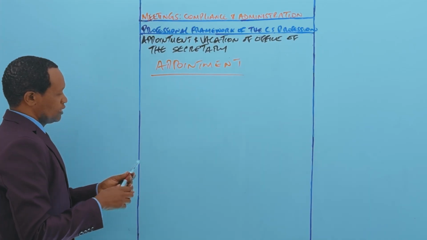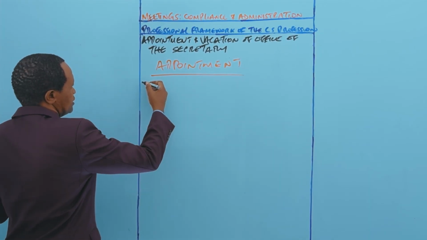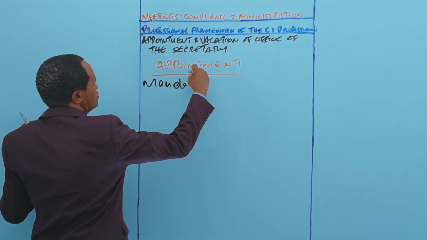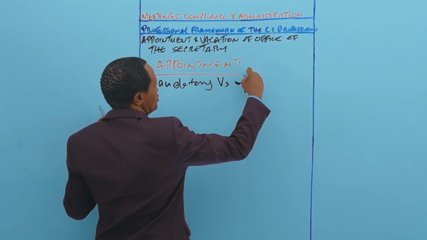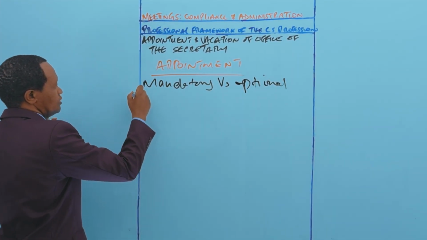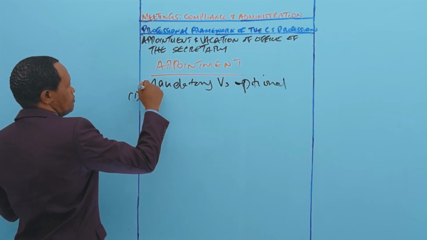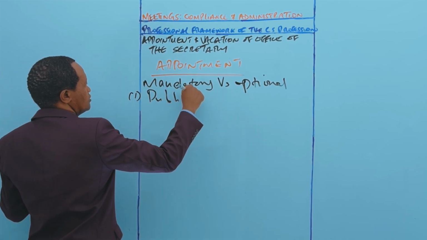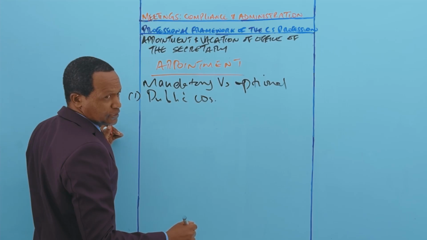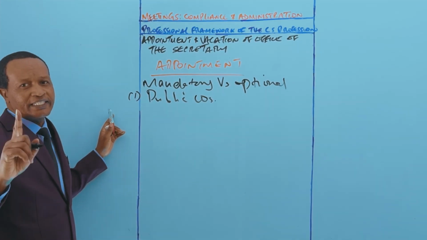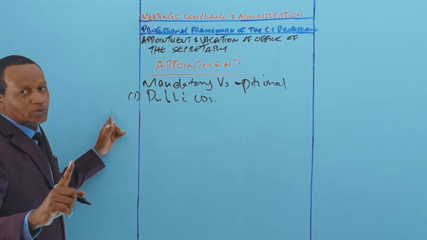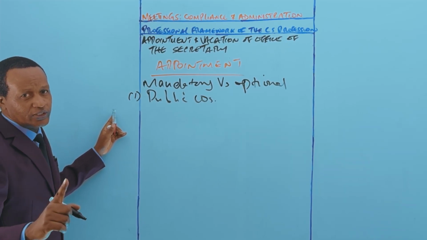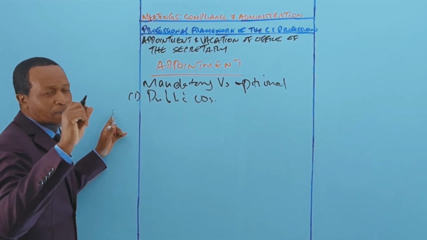Mandatory versus optional. So I'm stating here, one, public companies: the appointment is mandatory. Public companies are legally required to have at least one secretary who must be a natural person.